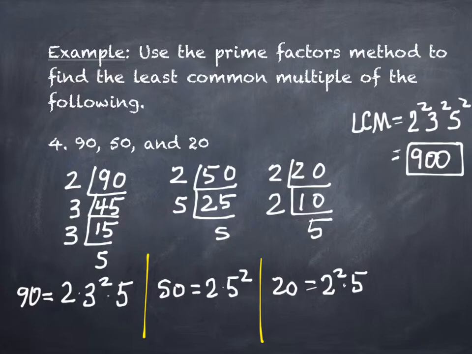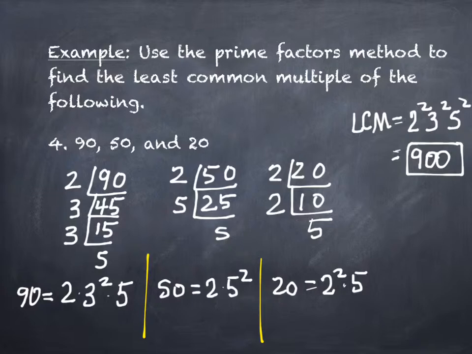And 20 would be multiplied by 45 to get 900. But that's the smallest one. No number smaller than that has all three of these as factors. There are certainly numbers larger than this that do.